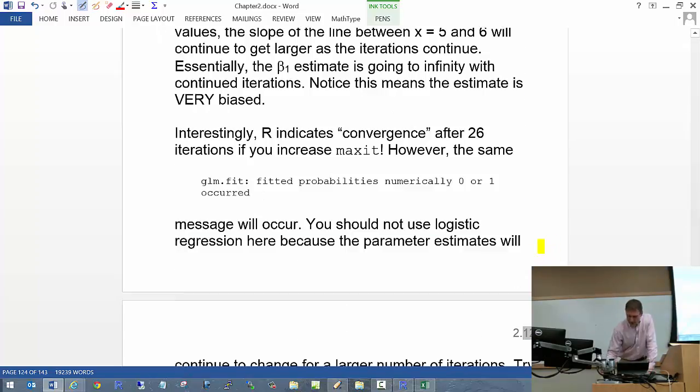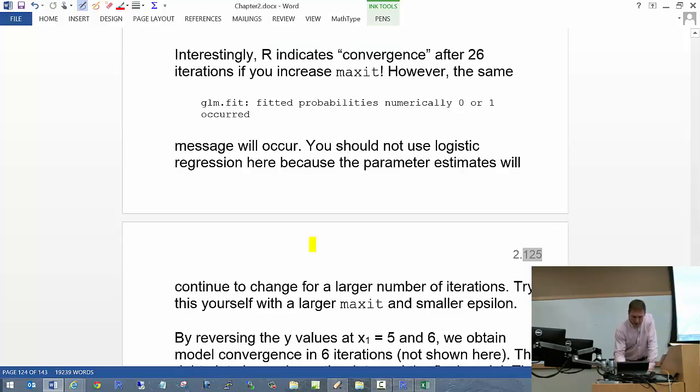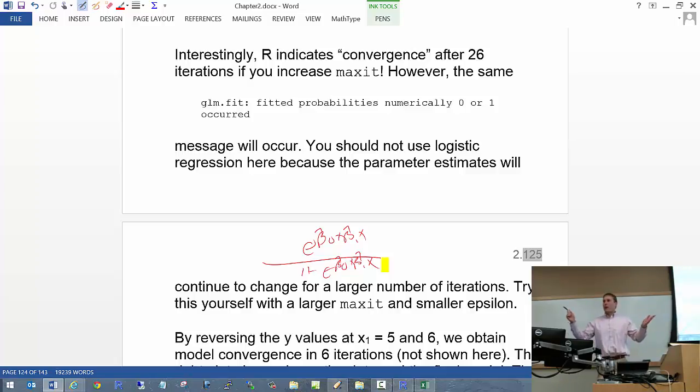Just try it yourself. Just write out, or you can do it in R, write out what your model would be for a fixed set of x's. And eventually, if you keep on increasing beta hat 1, your pi hat is not going to change a whole lot. 0.99.